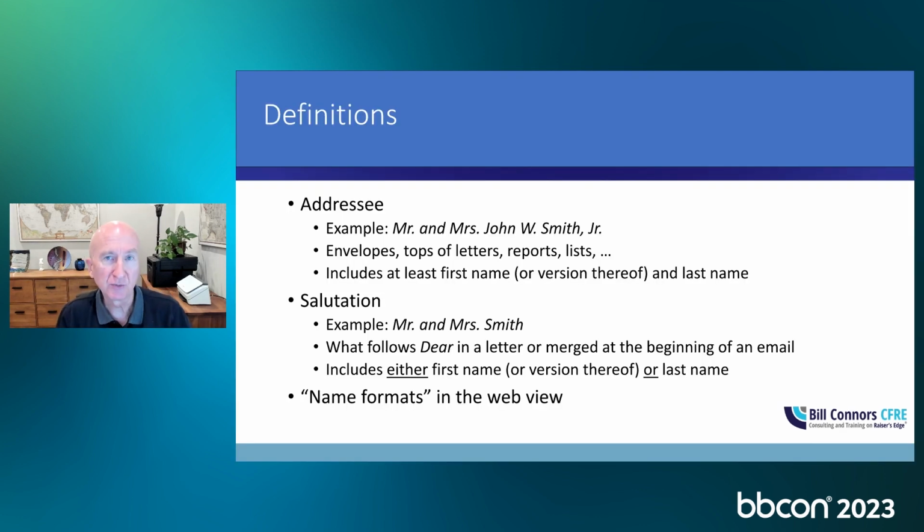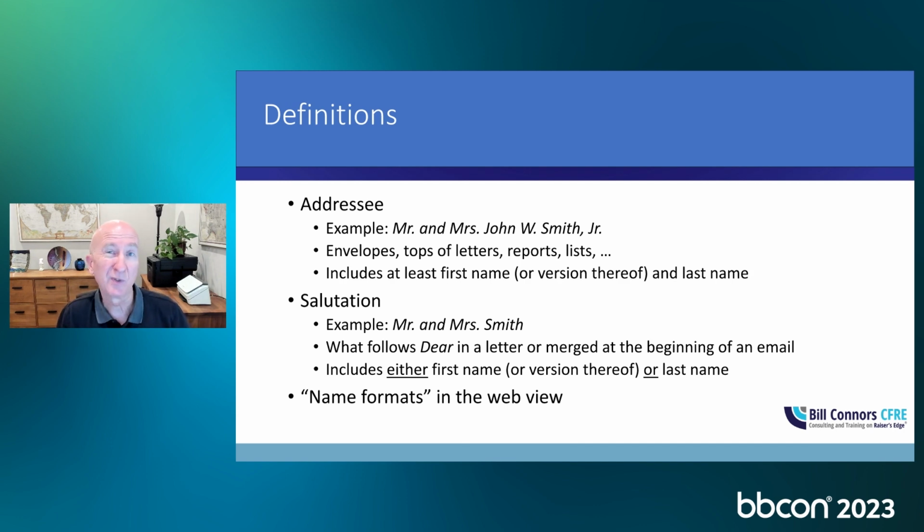So just to make sure we're all on the same page, an addressee, of course, is the full format of the name. What we have done for years and years, decades, in fact, is a Mr. and Mrs. Robert Hernandez or John Smith or John W. Smith Jr. It's what we use on letters and envelopes and labels and reports. It includes at least the version of the first name and some version of the last name.